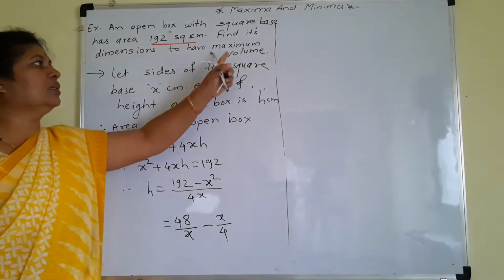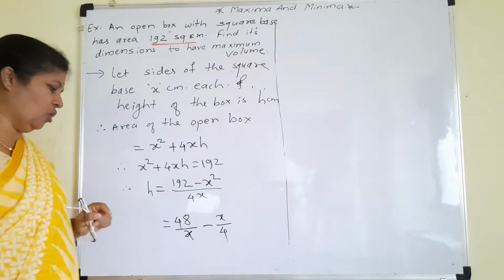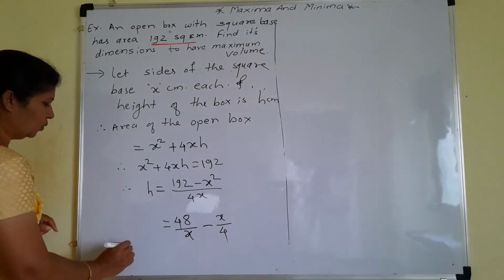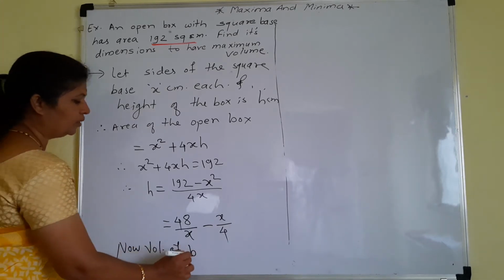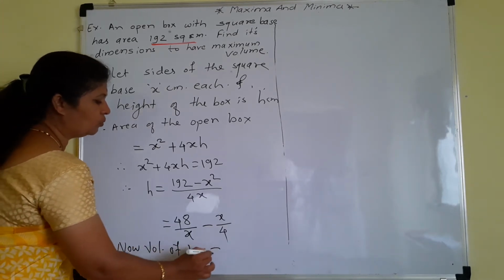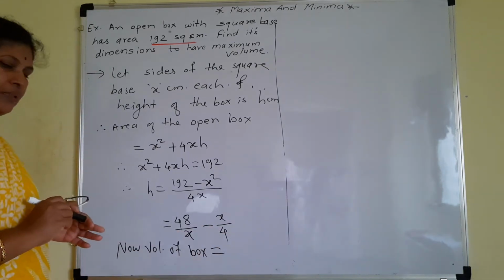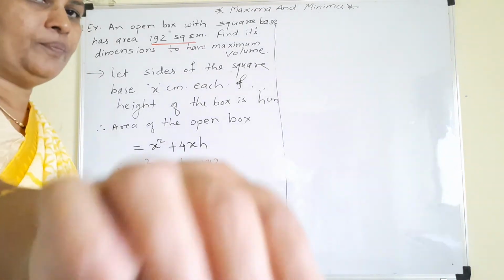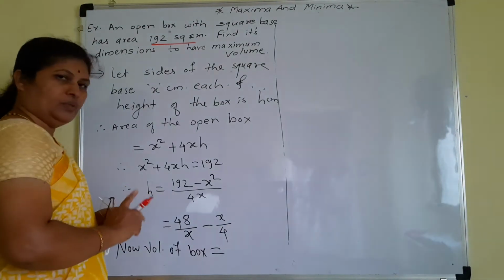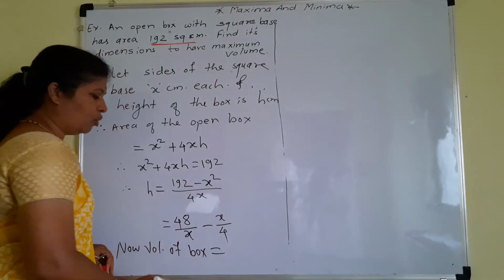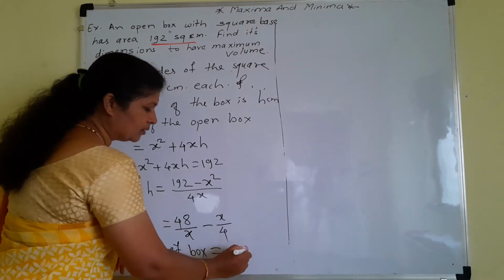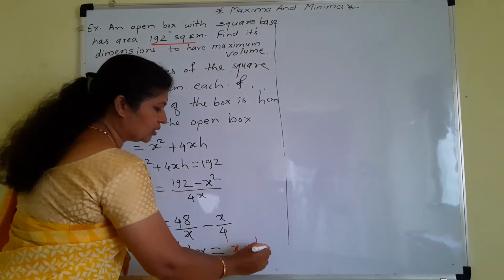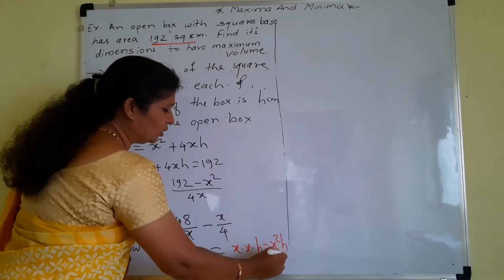Now we will consider the actual function, the volume of the box. What is the formula for the volume of the box? If x is the length and breadth and h is the height, the volume of the box will be x into x into h, that is x square into h.